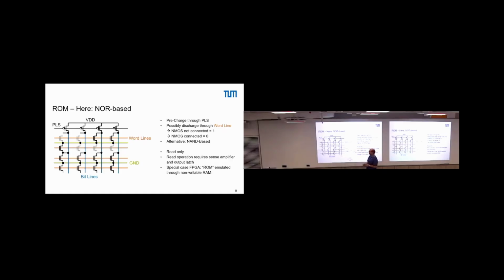In that sense, we can interpret what we have stored here. A disconnection, no connection, is a 1; a connection is a 0. Here 0, here a 0, this is a 1, 1, 1, and these are all zeros at the end because we always have a connection.